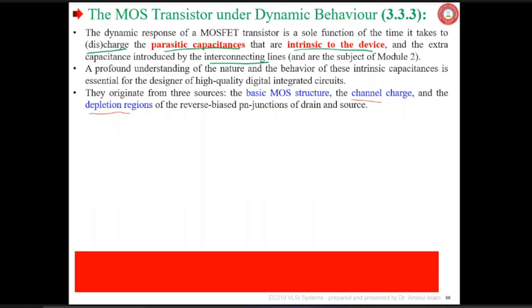If you don't understand where these parasitic or undesirable capacitances are coming from, then you will not be able to handle them properly. They originate from three sources. The basic MOS structure, that is the drain diffusion capacitance of both the MOSFETs.